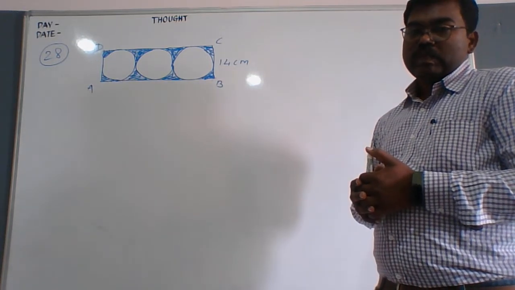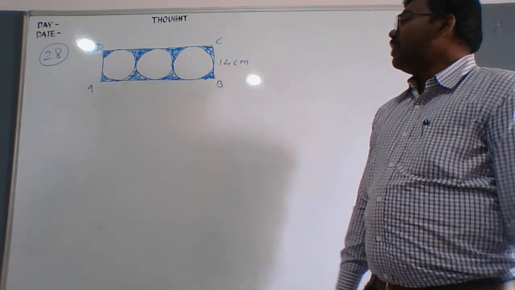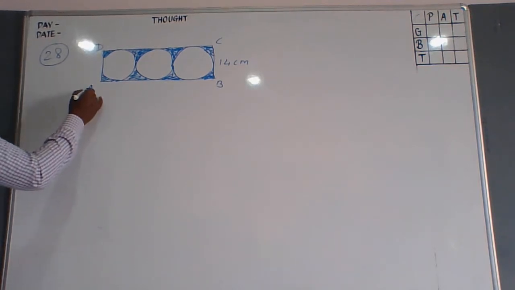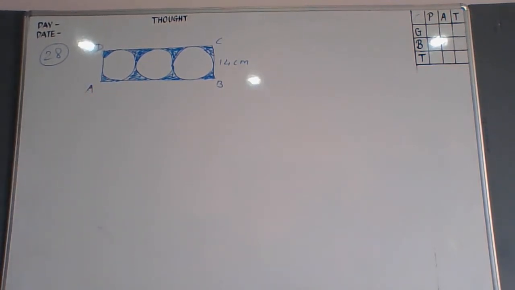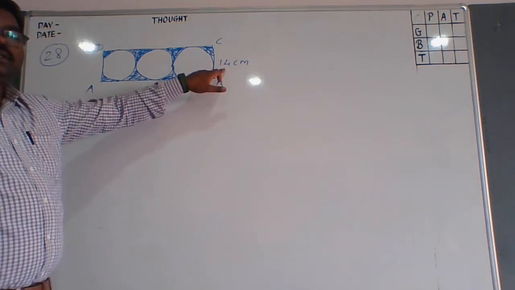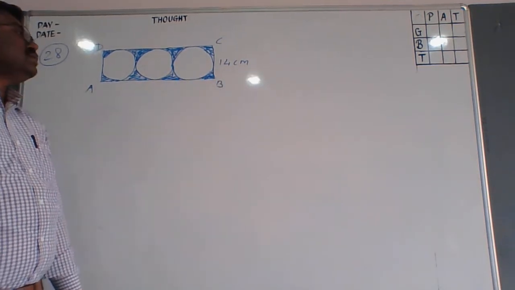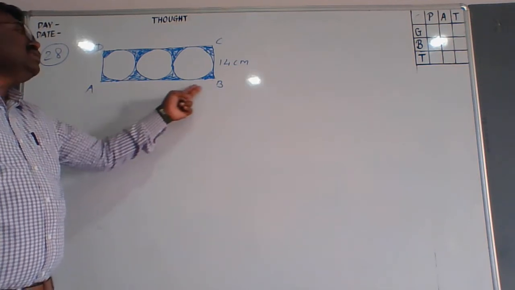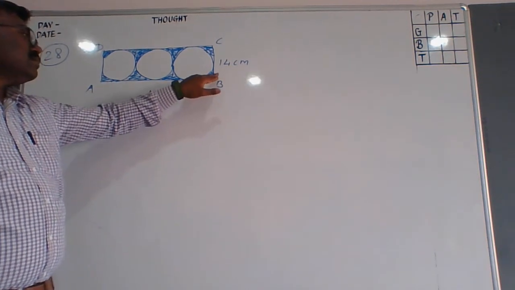Now, what is the formula for finding the area of a rectangle? It is length into breadth. As we can see in the diagram, breadth is given to us, which is 14 centimeter. But length is unknown to us.